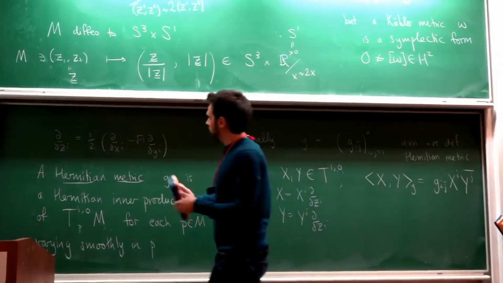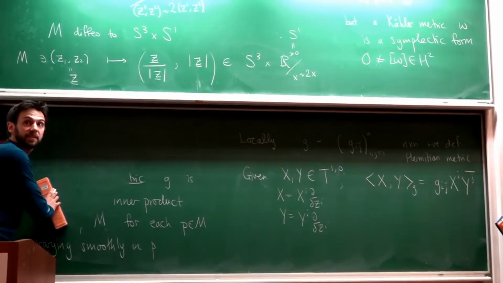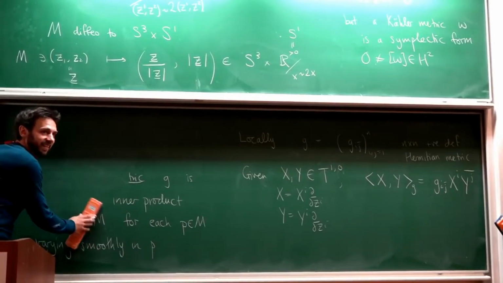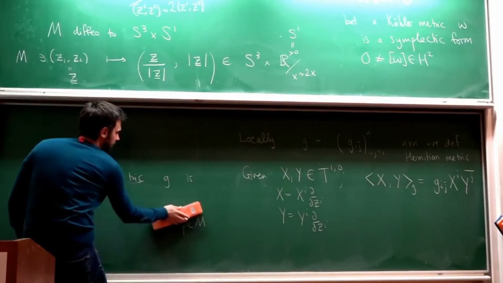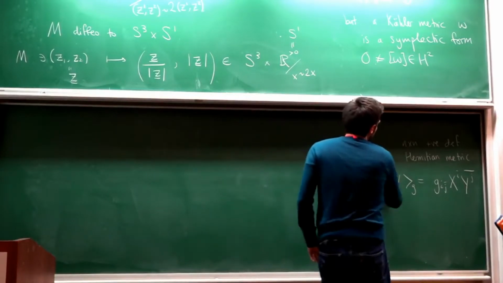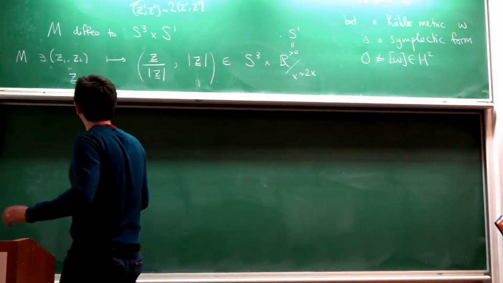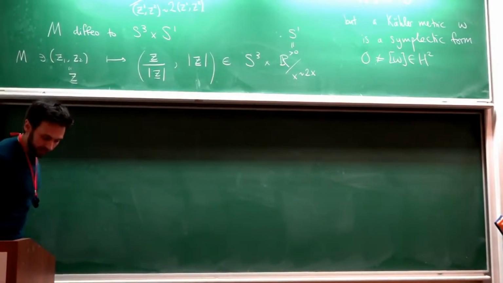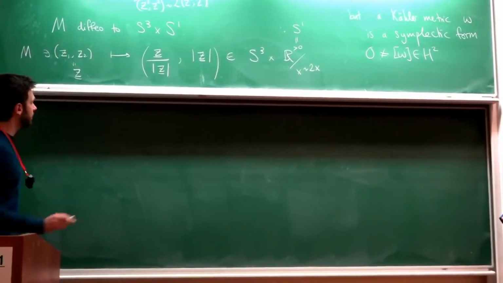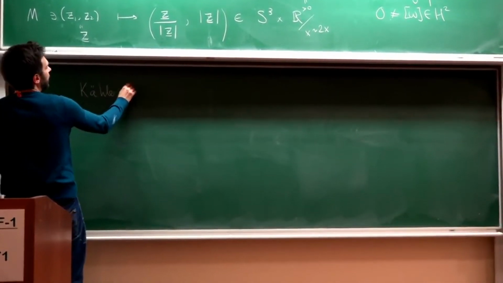Okay, so let me now talk about the Kähler-Ricci flow. So all of this was just basic. Sorry, was there a question? I want to start now talking about the Kähler-Ricci flow, which is the main topic I want to talk about.